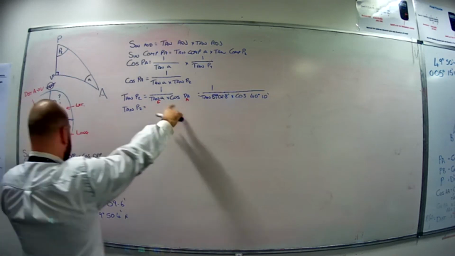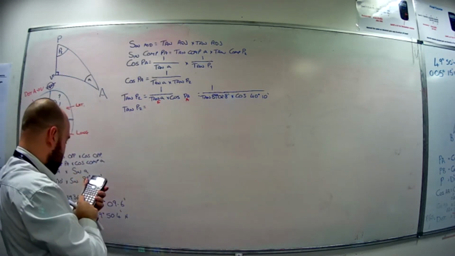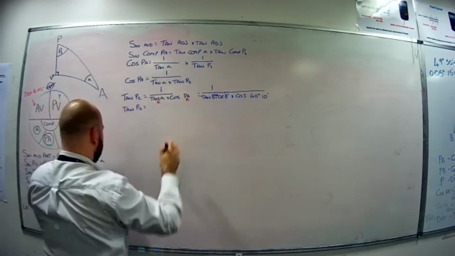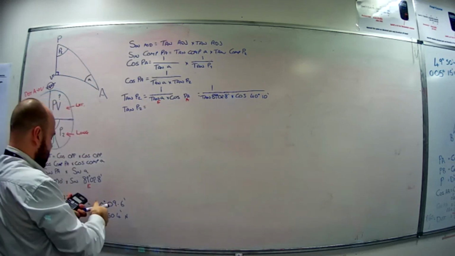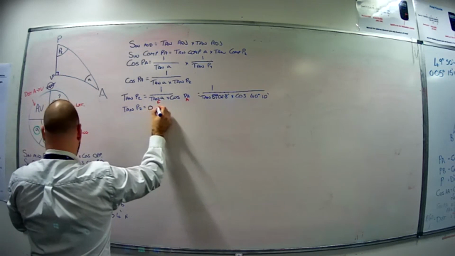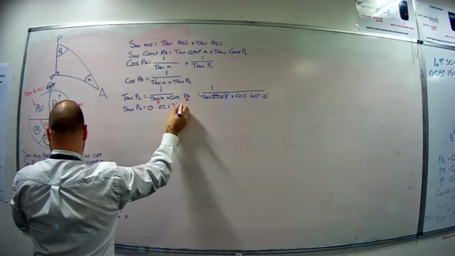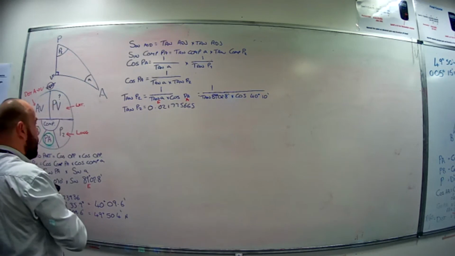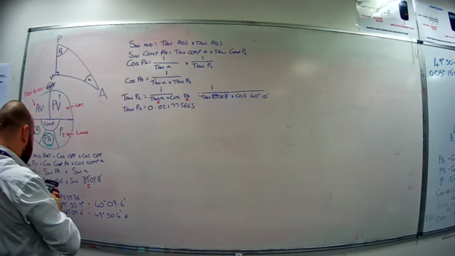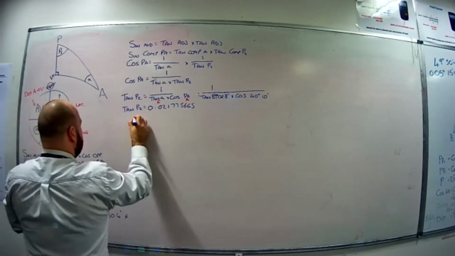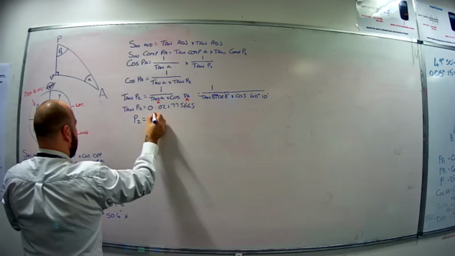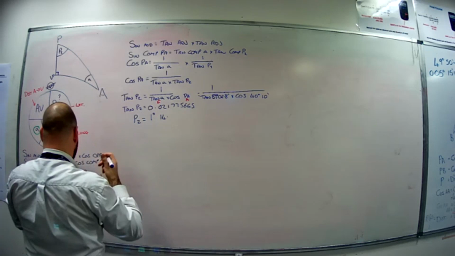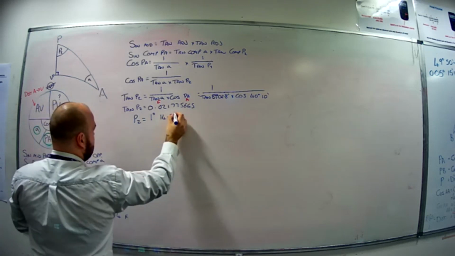So cos we call A times tan we call A equals 1 divided by that is the easiest way to do it. You wouldn't need brackets on the bottom if you didn't. That means the tan of P2 equals 0.021775665. Shift, and it's tan P2 equals, so P2 equals 1 degree 14 point, and we can call that 0.8 minutes.